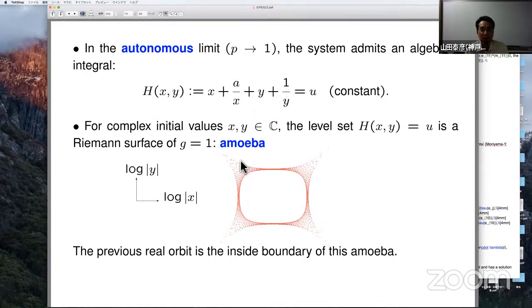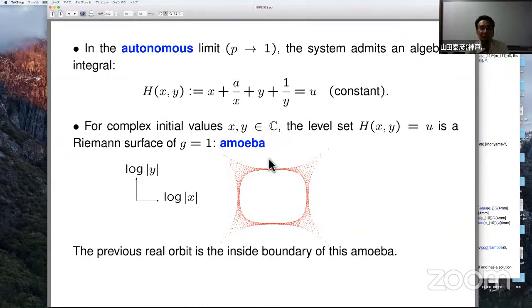And if we consider complex initial values, then this curve is a Riemann surface of genus 1. Its real projection in the log-log coordinates is given by this picture, which is the so-called amoeba. The previous real slice of the orbit corresponds to this inner boundary of this amoeba.